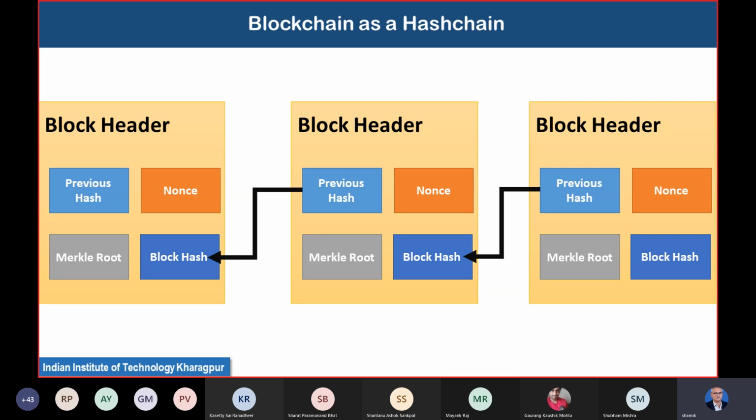So that block hash has to be changed, and then it will break, and so on. Downstream, as the previous hash in the next block is changed, unless that block hash is recomputed, the next hash pointer will break again, and so on. So that is the reason why we have the Merkle root as part of the block header.